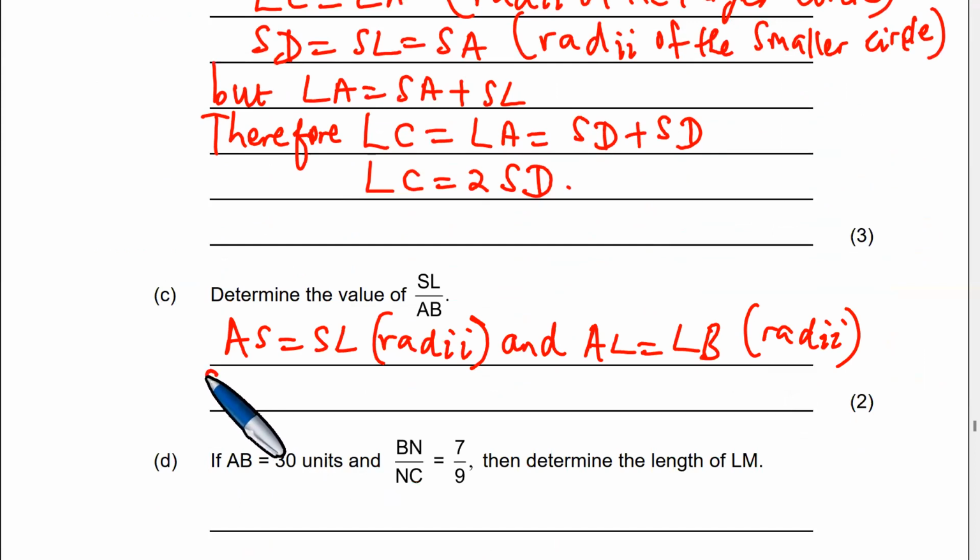And this means SL over AB. What is SL here? Now SL can be written as AS, for example.